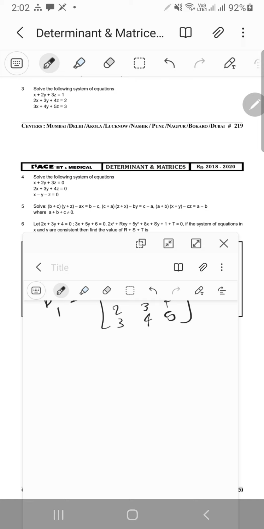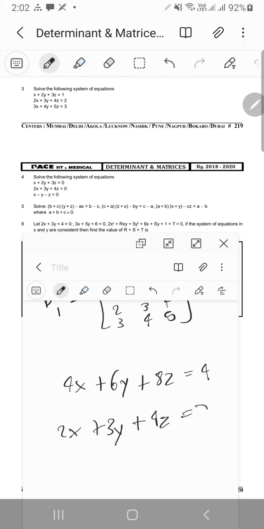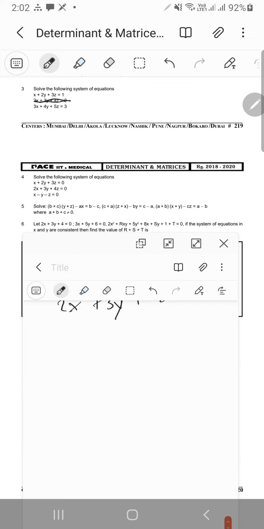Just add the first and last equation. That will be 4x plus 6y plus 8z equal to 4. Just take half of that. It should be 2x plus 3y plus 4z equal to 2. This equation is not useful. So just these two equations, which will in fact have infinite solutions.